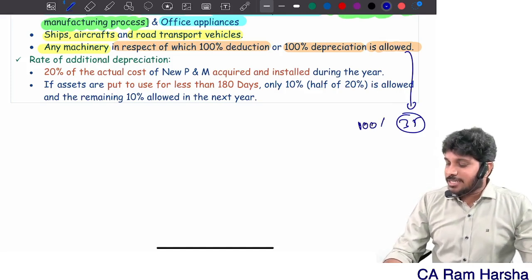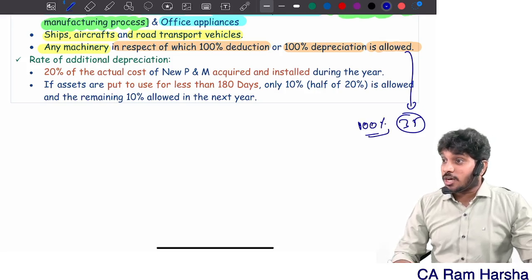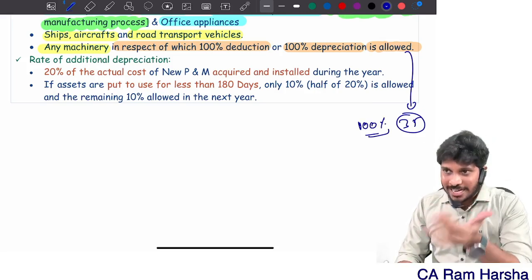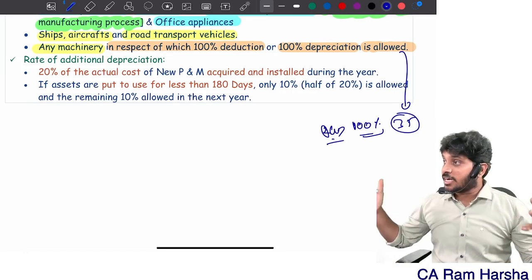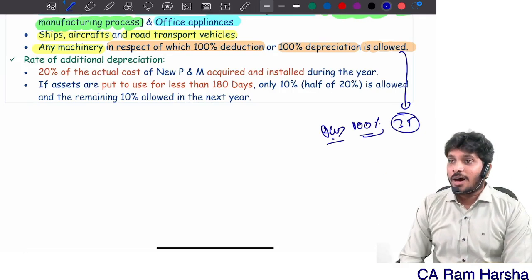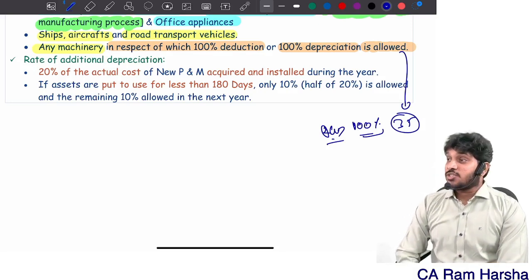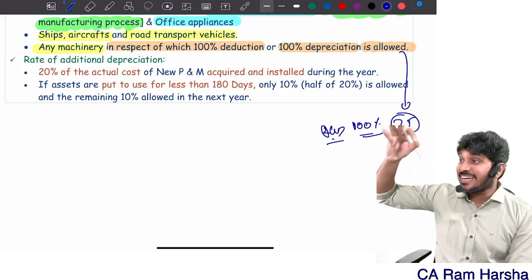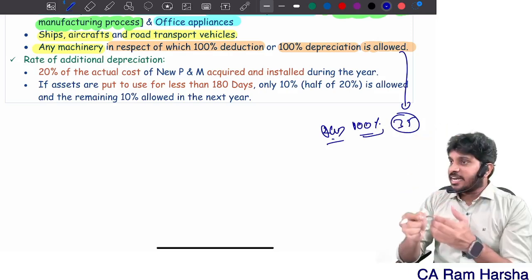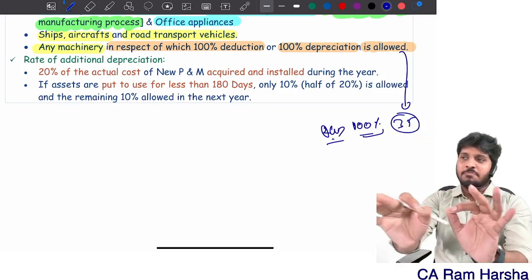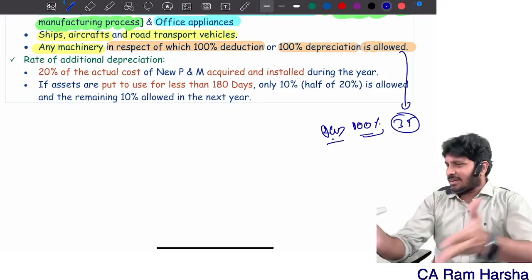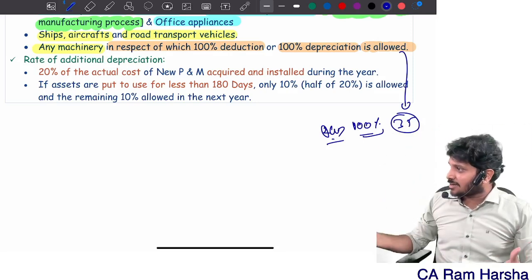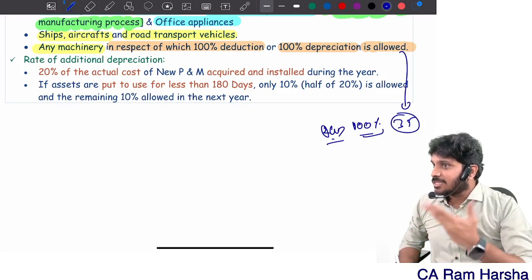The entire expenditure is allowed as a deduction directly. The asset cost is a capital expenditure, yes, but you will get a deduction because you are using it for R&D, which is useful for the country's growth. Are you getting the point? If you purchase any asset for scientific research, you get a 100% deduction. Don't claim depreciation, because I am giving you a deduction for the expenditure itself, which is actually a benefit.